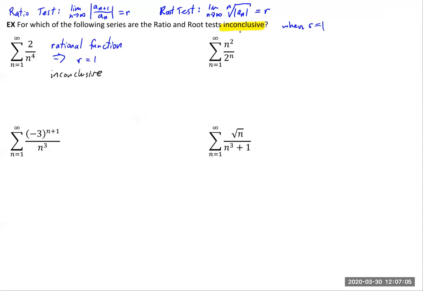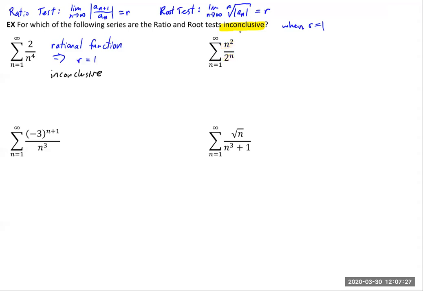Okay, moving on to the next one. This one, n squared over 2 to the n, is what I would call the textbook example of something that works well with the ratio test and root test.